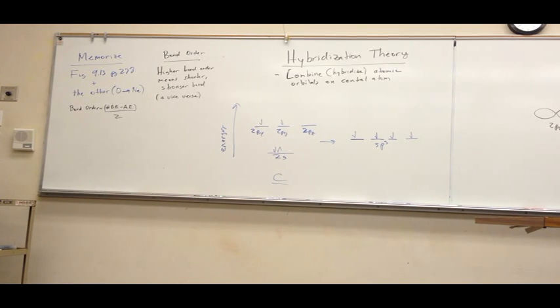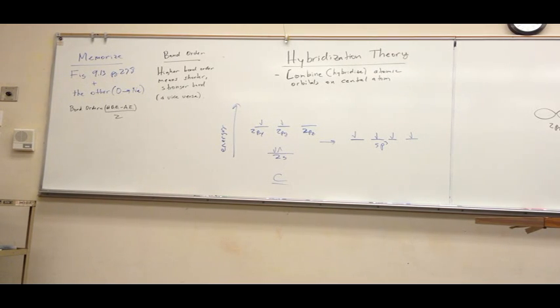So now we can form 4 bonds to hydrogen atoms. And those bonds are going to be 109.5 degrees from each other, right? They're all going to be the same as each other, just like in methane, right?